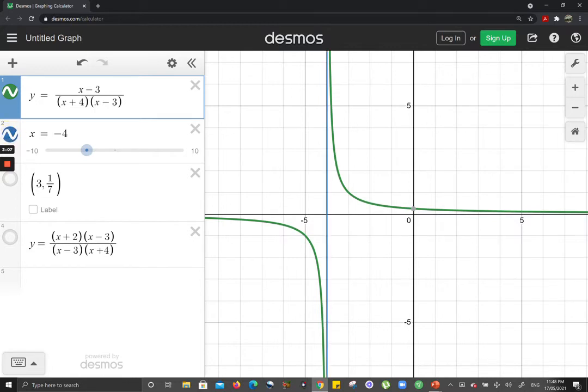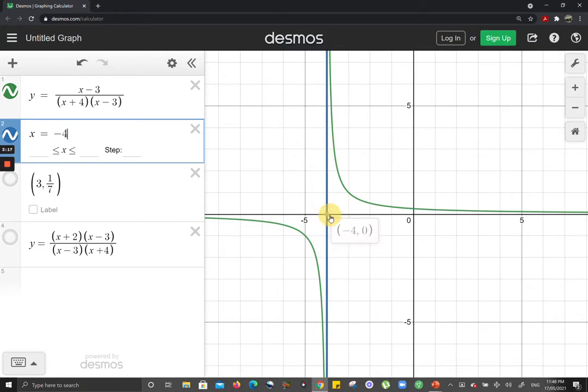This is just to show that x equals negative 4 is the location of the vertical asymptote, and so here it is in blue.